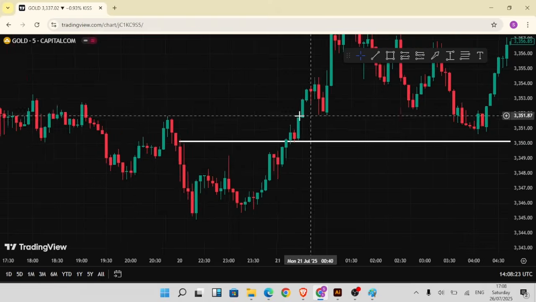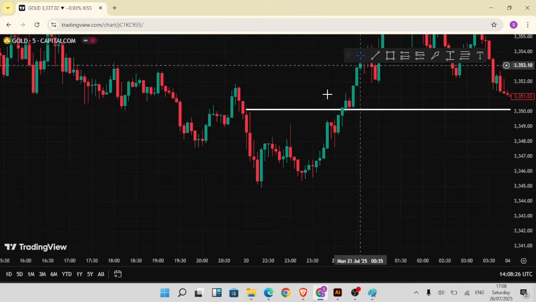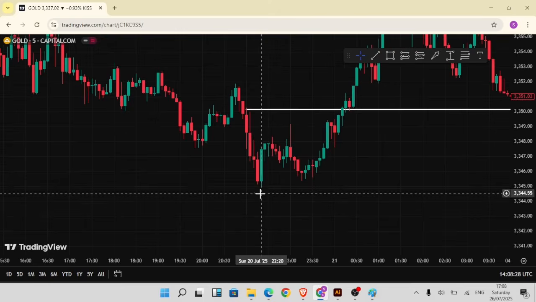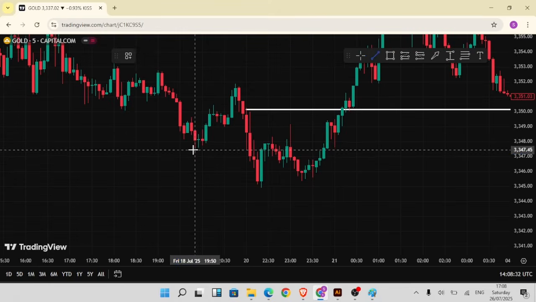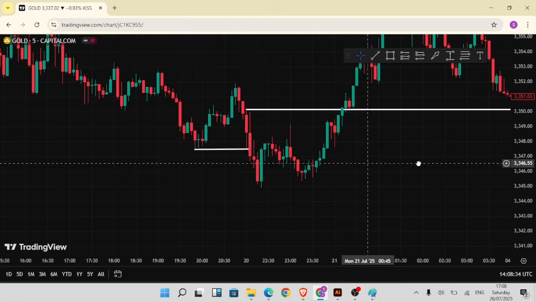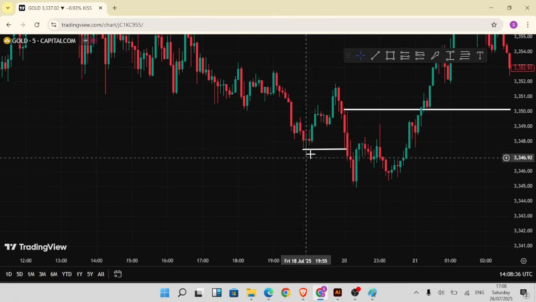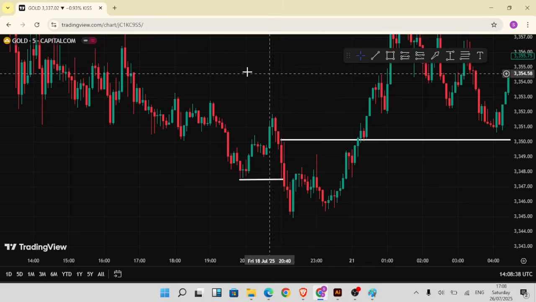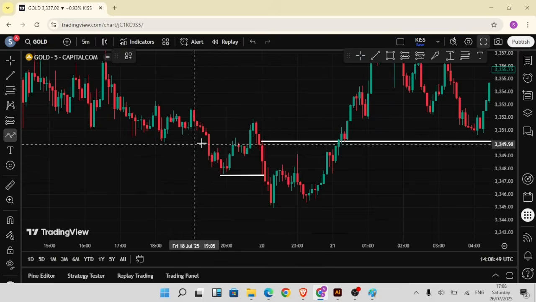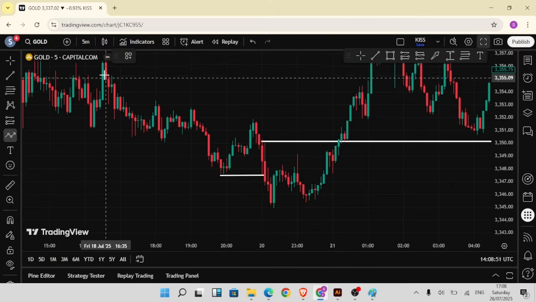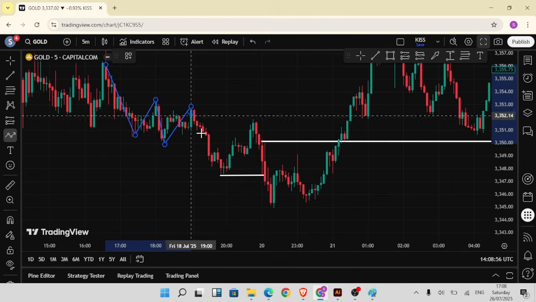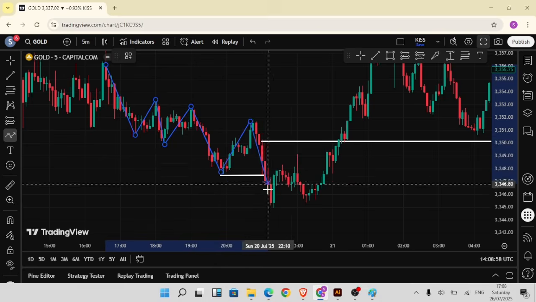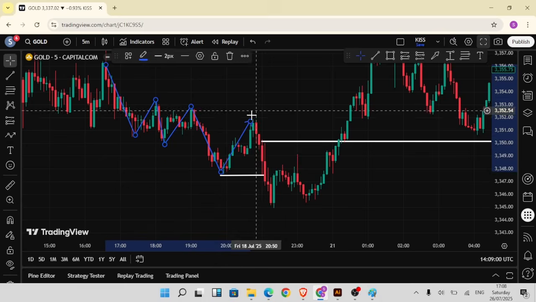What you want to take note of is, as you are forming the impulsive move to the downside, do we have a liquidity sweep? Yes, we do have a liquidity sweep right here. Okay, so this high is taken. Now we had a downtrend forming right here, right, and then there.